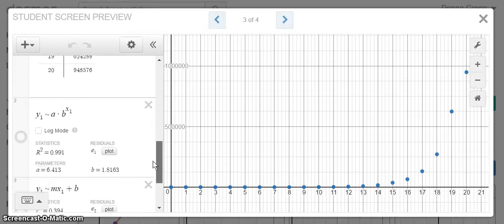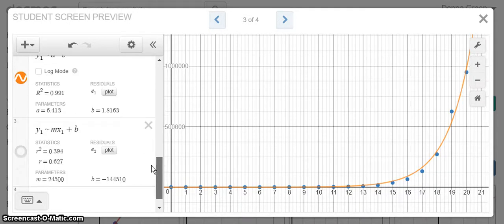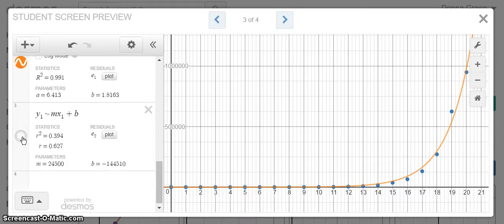And when the kids graph it, what would be interesting for them to see is that the exponential model, although not perfect, has a strong R-squared value. You could look at the residuals, you could input the parameters into the equation, and what I absolutely love about this is that they can actually compare it to a linear model or a quadratic model.